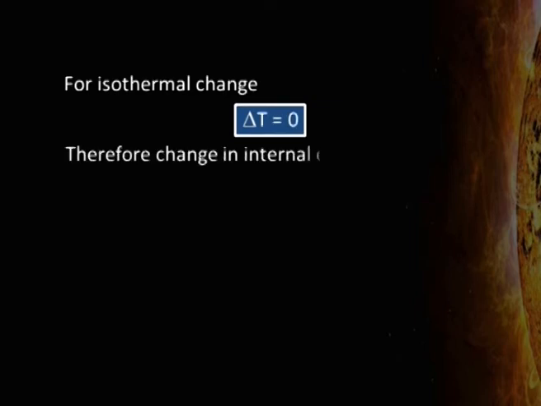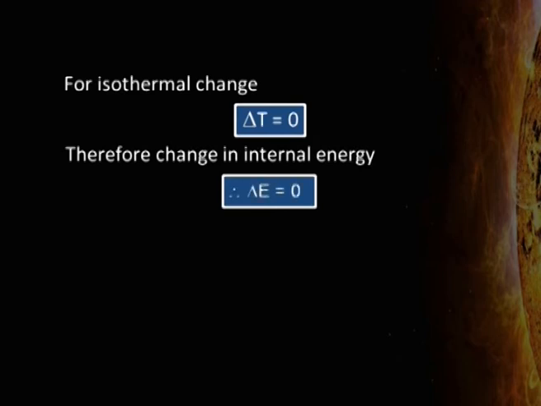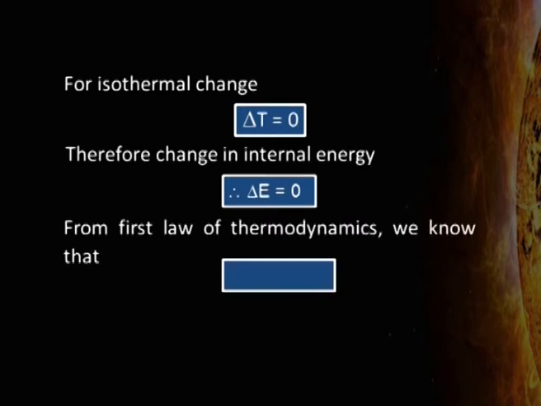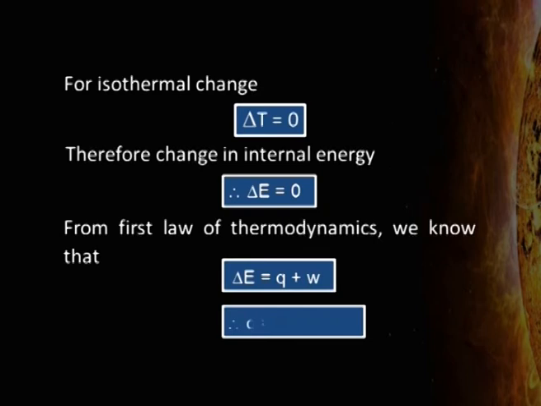For isothermal change of the gas, delta T is equal to 0. Therefore, change in internal energy, that is delta E, is also equal to 0. From first law of thermodynamics, we know that delta E is equal to Q plus W. As delta E is equal to 0, therefore, Q is equal to minus W, which is equal to plus P dV.